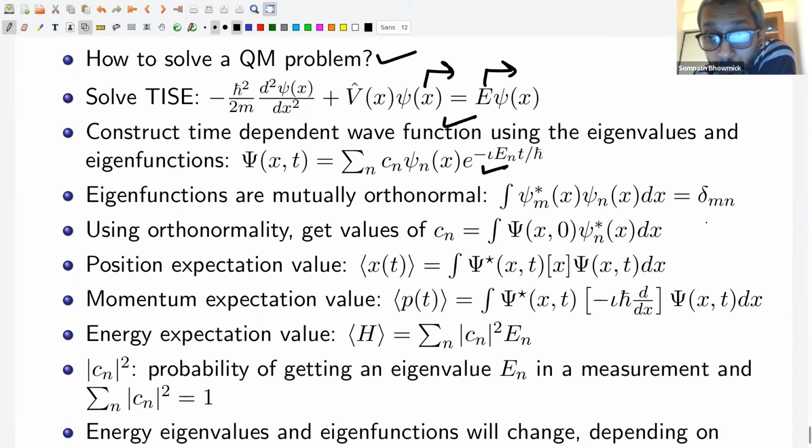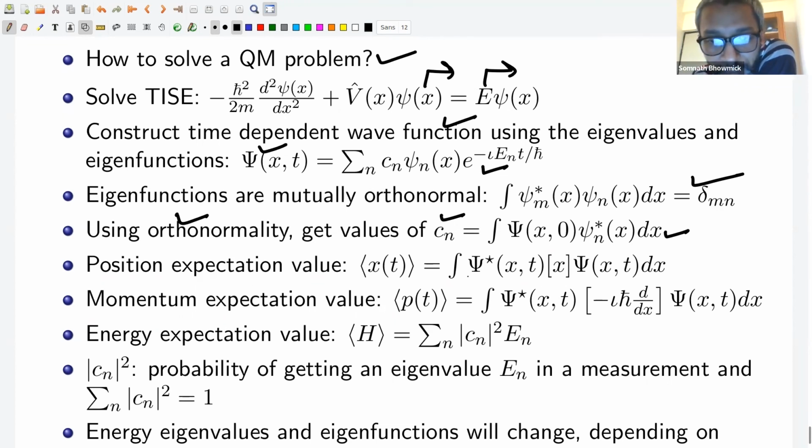Eigenfunctions are mutually orthogonal, and using this orthonormality, we get the values of Cn from this equation. Now, once we have Cn, we know psi(x,t), the wave function.